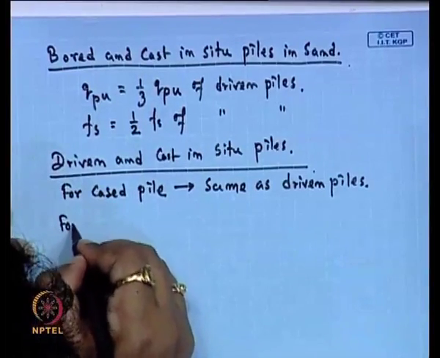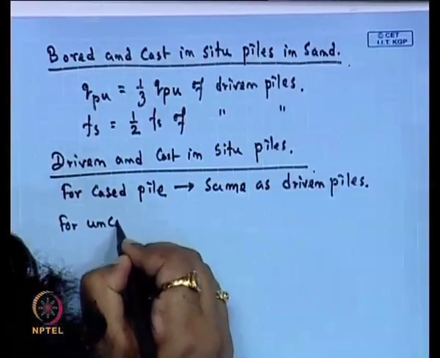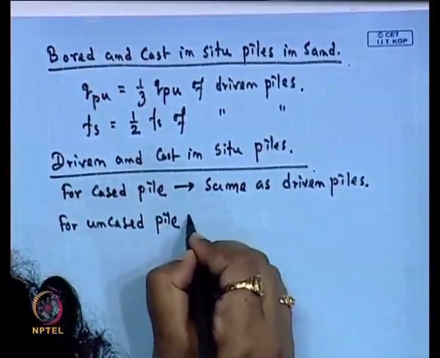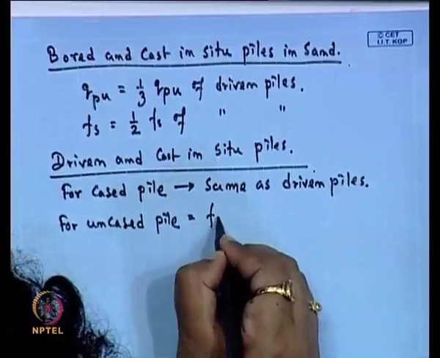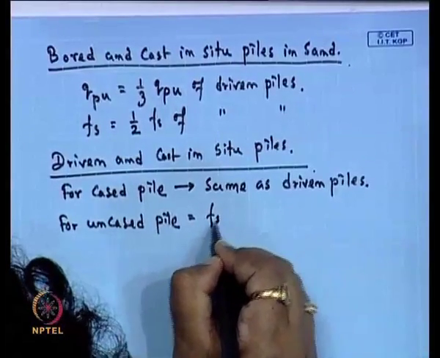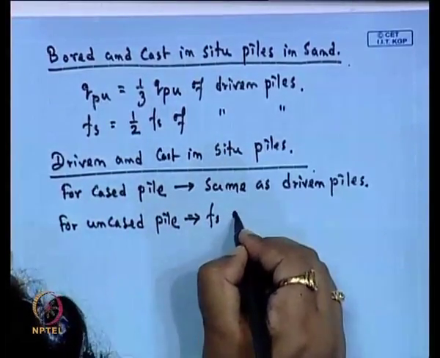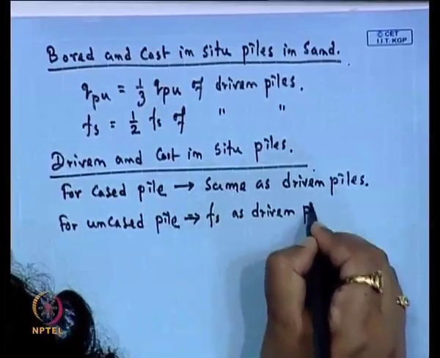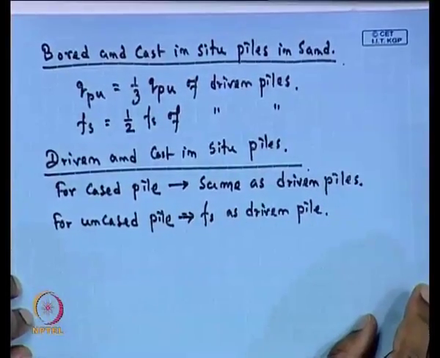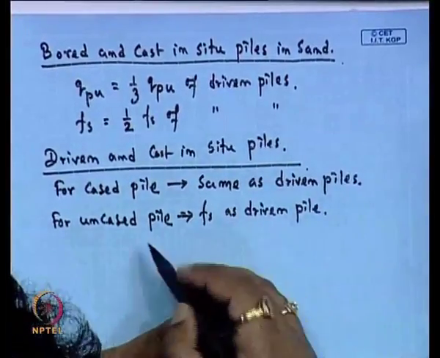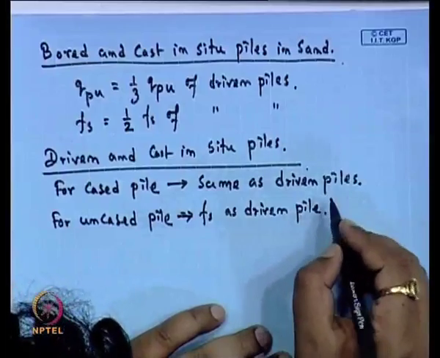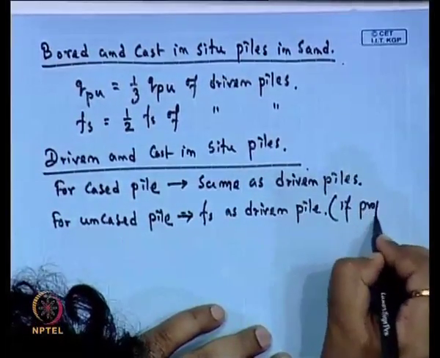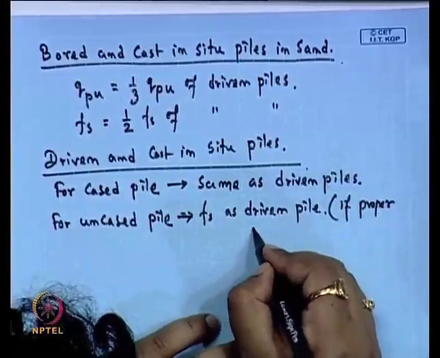And for the uncased pile, the f_s is the same as the driven pile, if proper compaction is done.